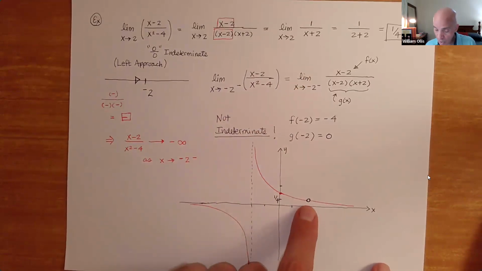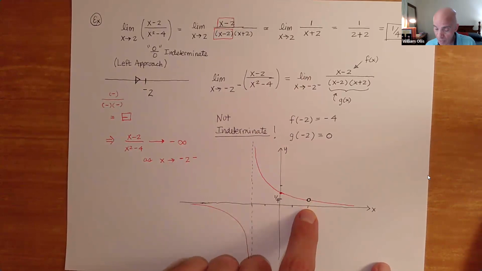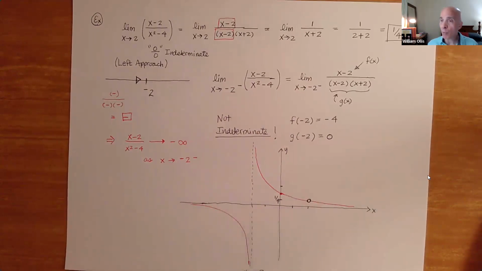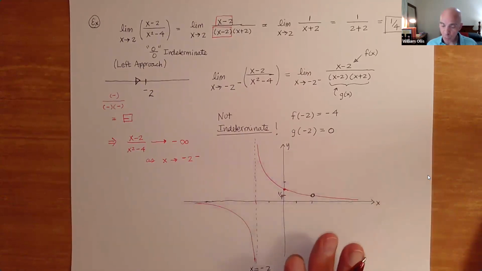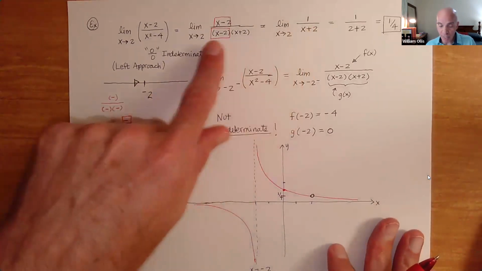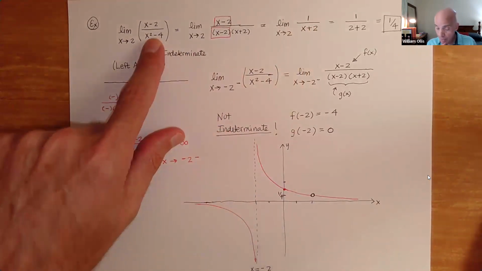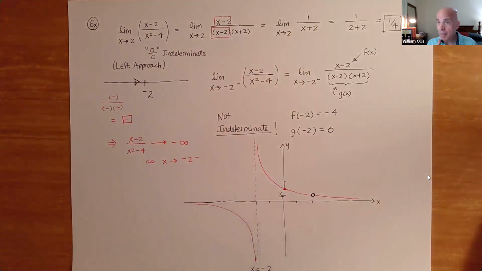And then, of course, at 2, put the open circle at the point 2, 1/4. So again, the only difference between this function and the beginning one here is just that right there. But it's a very big difference.